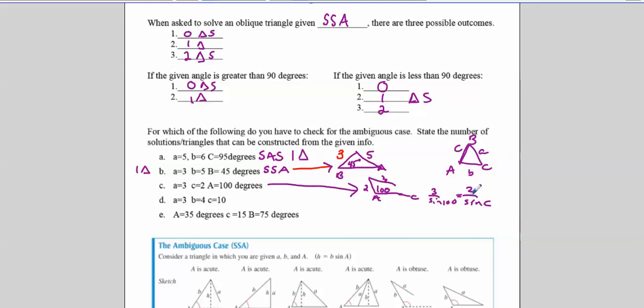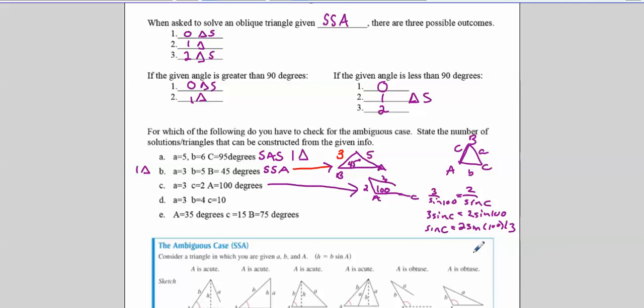Then I cross multiply both sides so that I have 3 sine C equals 2 sine 100, and divide by 3, so I get sine C equals 2 sine 100 over 3.